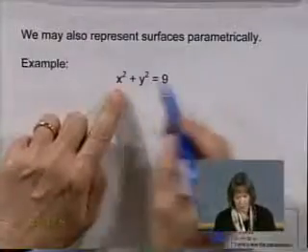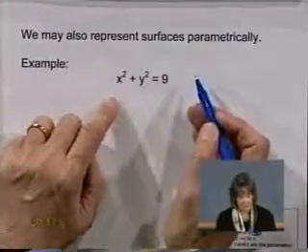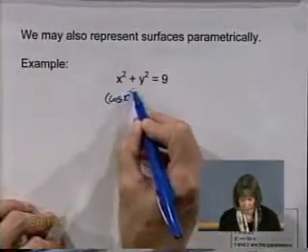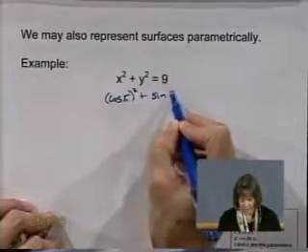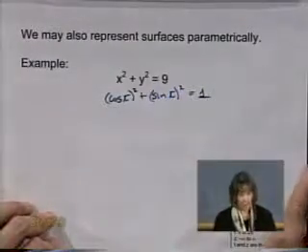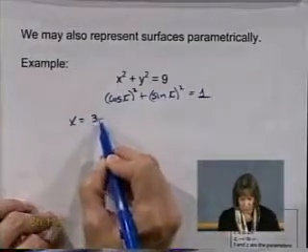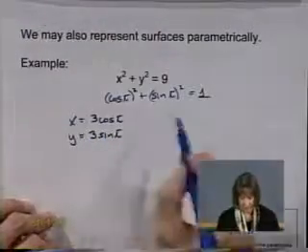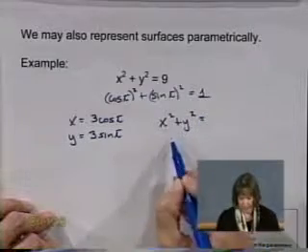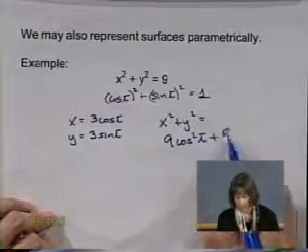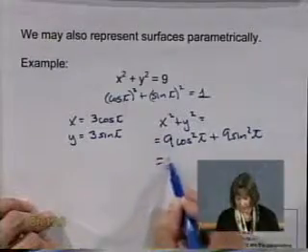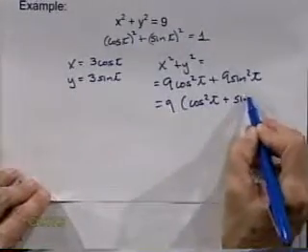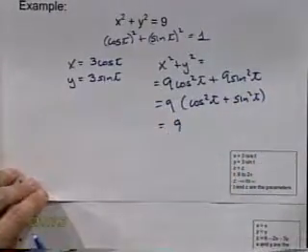Well, if I looked at this in two-dimensional space, since we have x squared plus y squared equals 9, and I know cosine squared plus sine squared is equal to 1, if I let x equal 3 cosine t and y equal 3 sine t, then I would have x squared plus y squared equal to 9 cosine squared plus 9 sine squared, and I could factor out the 9, and get 9 times 1, which is 9.